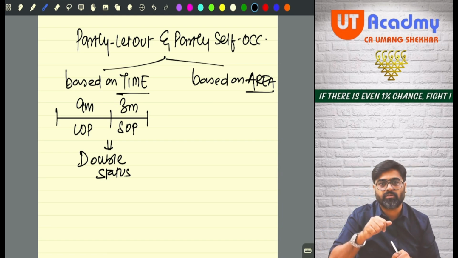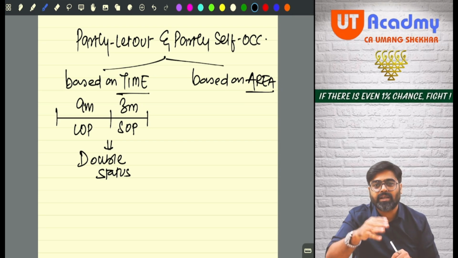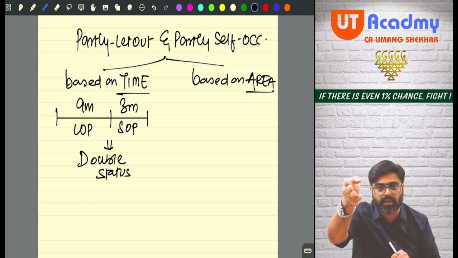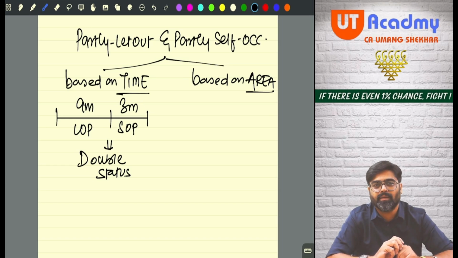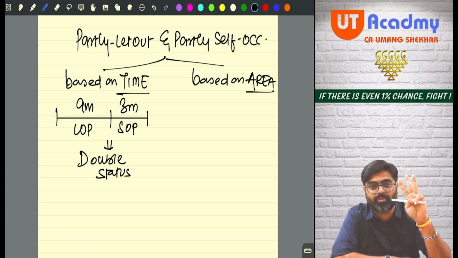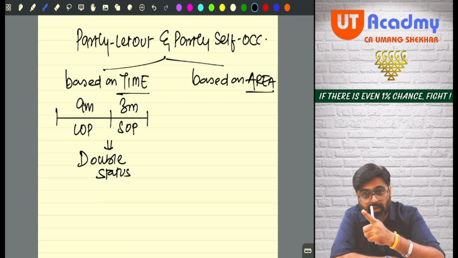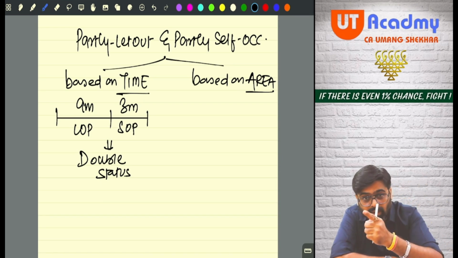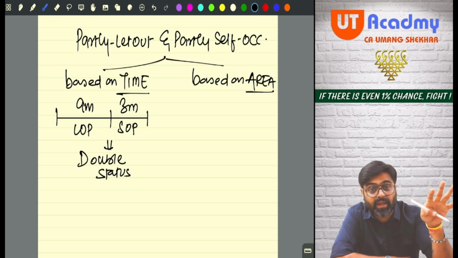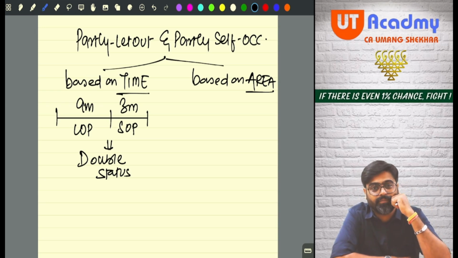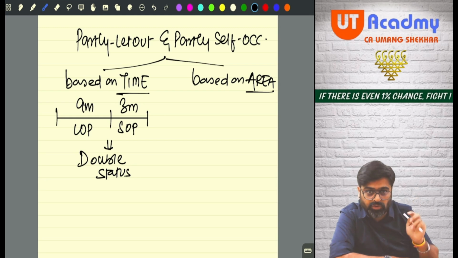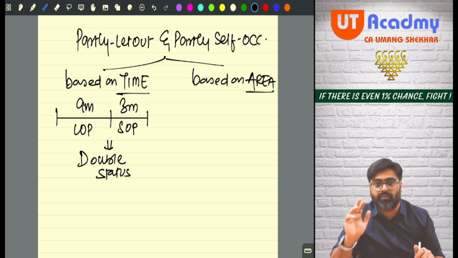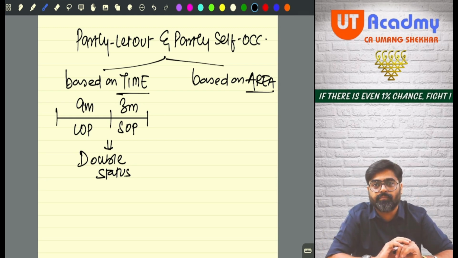Give only one status. And that status cannot be SOP, because I told you 3 types. Remember? Full year used for residence, only then SOP. Full year unoccupied means kept vacant, then also SOP. Part of the year used for residence, part of the year kept vacant, then also you can claim SOP.